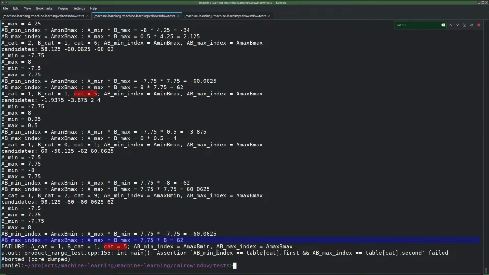Yet, the minimum value of the product must be negative. So we can pick the negative of this one times the positive of that one, apparently.